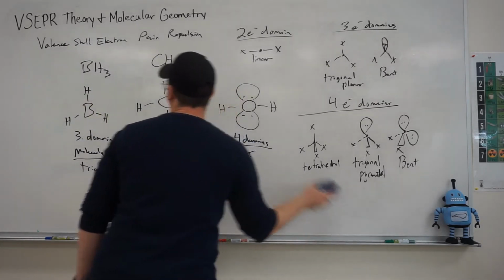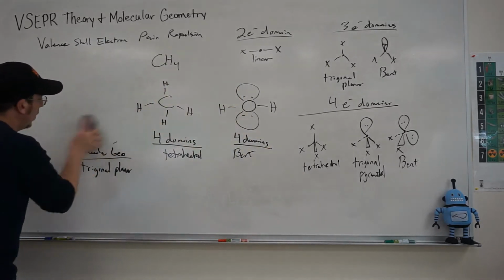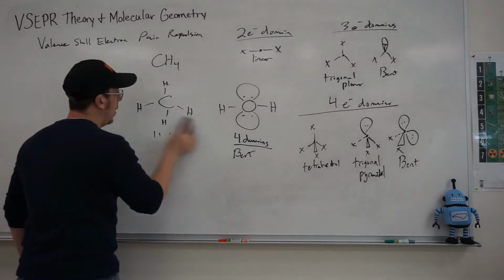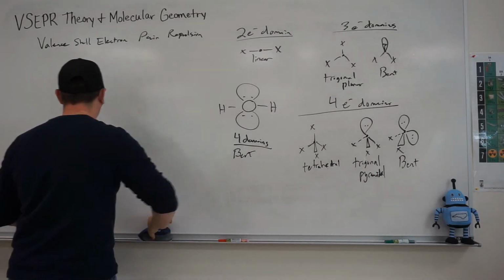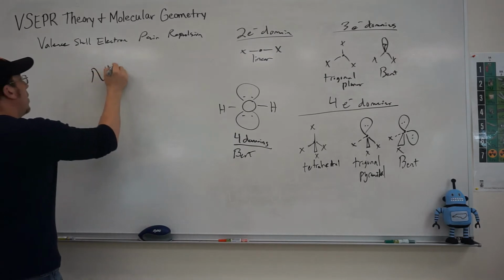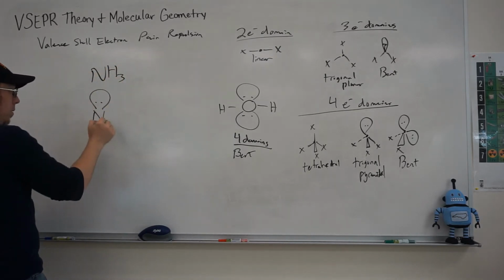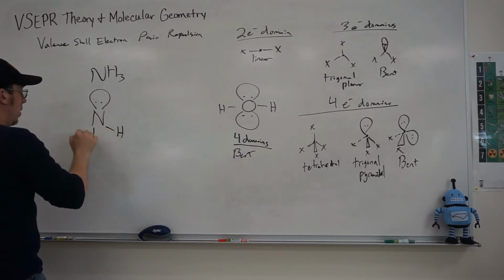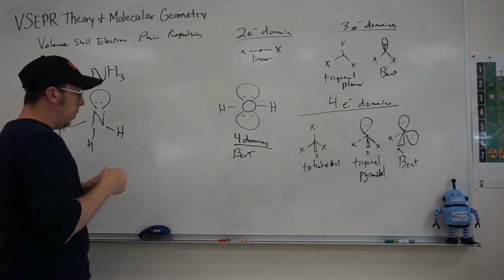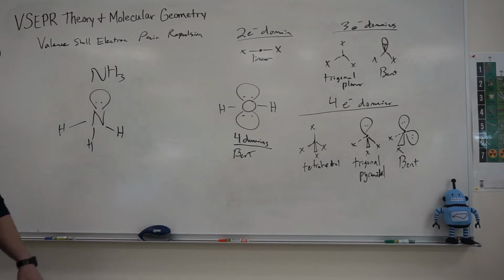So let's look at NH3. That was from the previous video. In the previous video, we determined the Lewis structure to be this. If we look at this molecule, I'm going to give you a second here. I want you to figure out what domain it is and what its molecular geometry is.